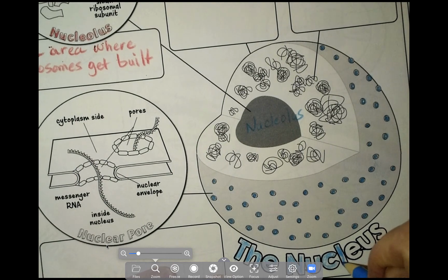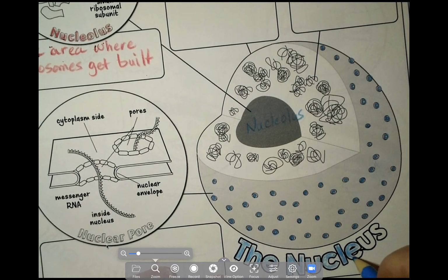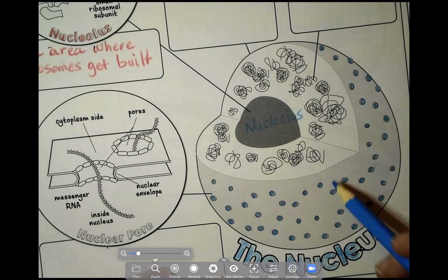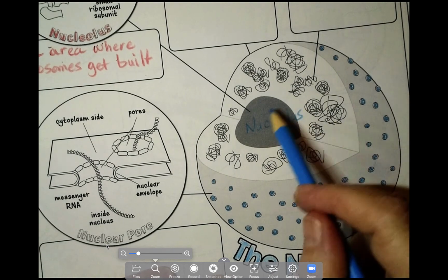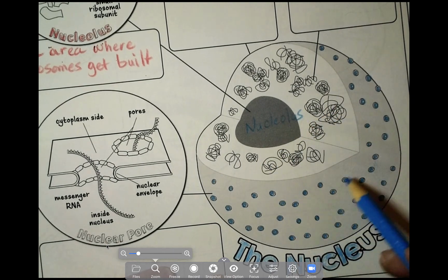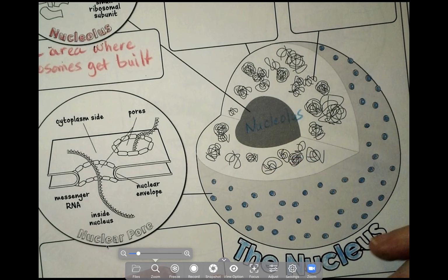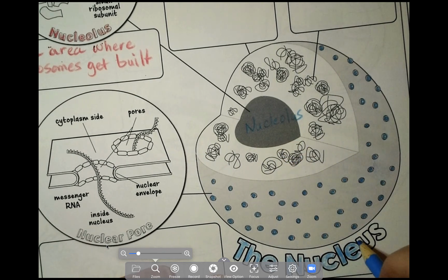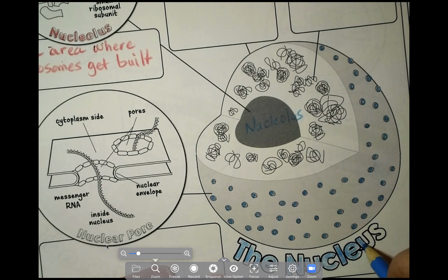Well, every time you have an extra level that separates the inside from the outside of something, here it would be the inside of the nucleus where the DNA is, where the nucleolus is, and the outside of it is the rest of the cell. Anytime you have a membrane-bound organelle, the membrane just offers extra protection.